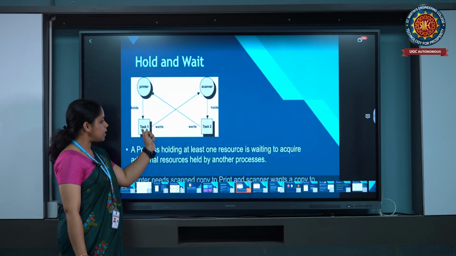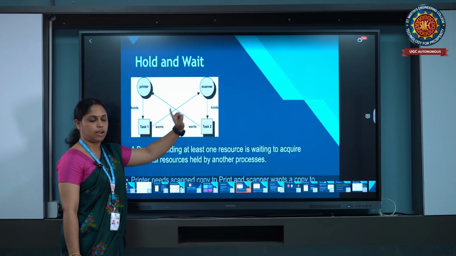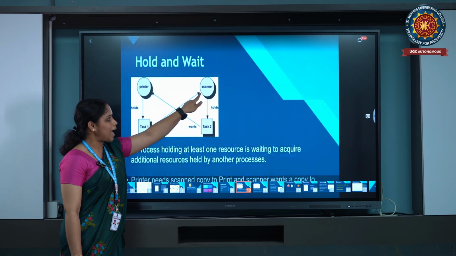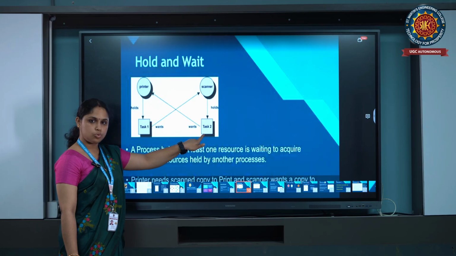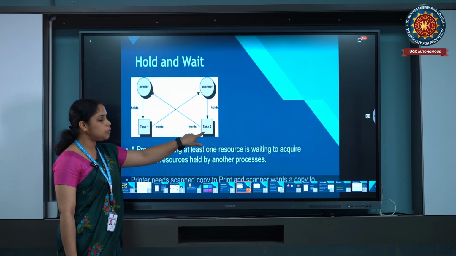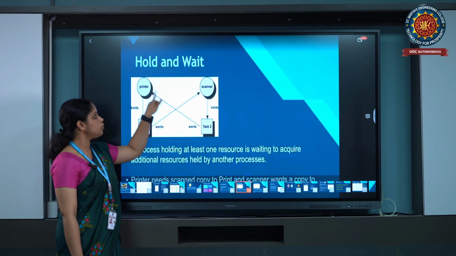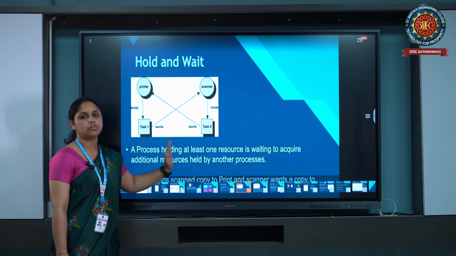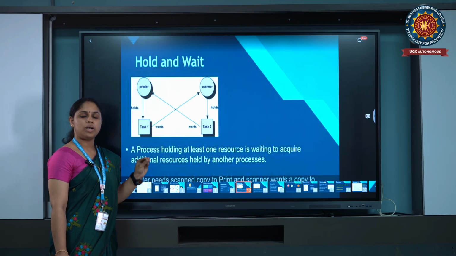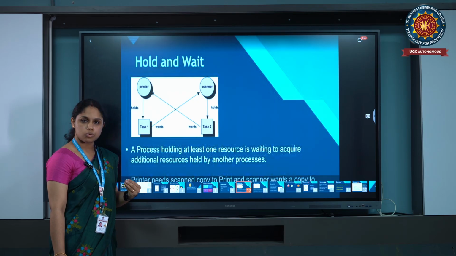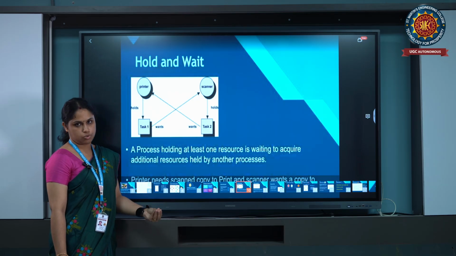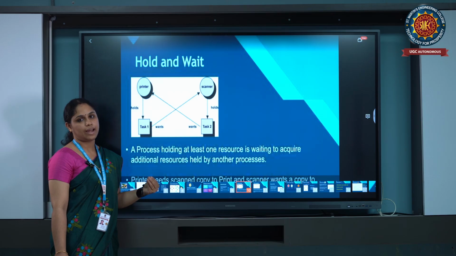So task 1 is requesting the scanner. Just like that, the scanner is already used by task 2, or P2, and task 2 is requesting the printer. This is a situation of hold and wait: one process is holding one resource and requesting another resource.